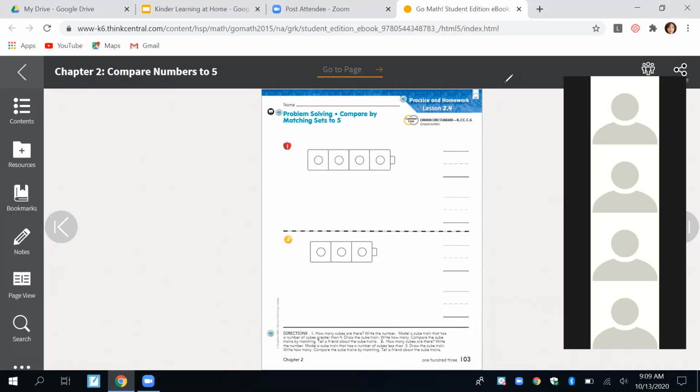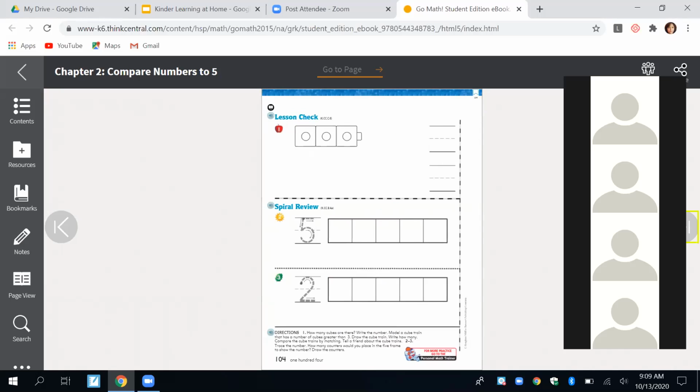You're gonna have to read, or an adult can read you the directions that are under here. And that's your homework. Pages 103 and 104. You're working by yourselves. Okay? I'm gonna stop sharing my screen.